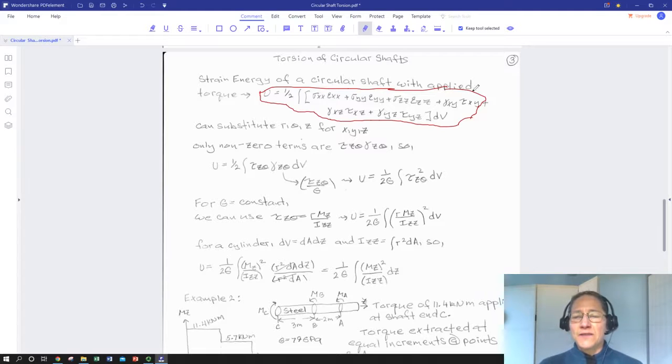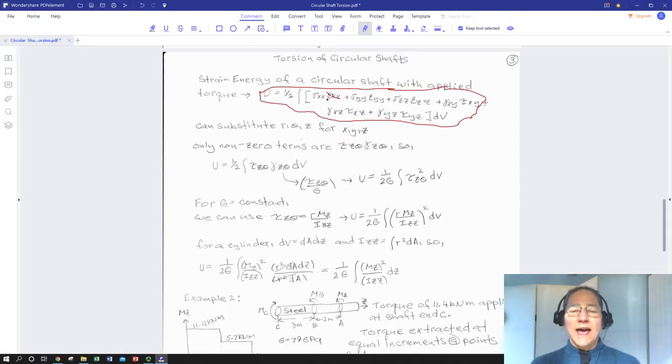Well, if we apply this expression to our twisted circular shaft, let's start by remembering we can write sigma XX epsilon XX, sigma YY epsilon YY. We can substitute R's and thetas and Z's for X's, Y's, and Z's.